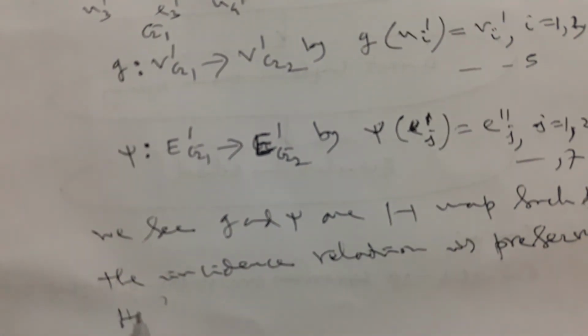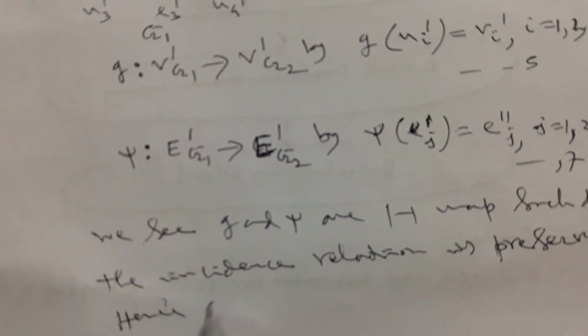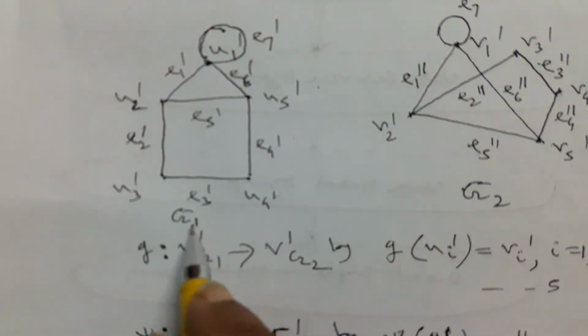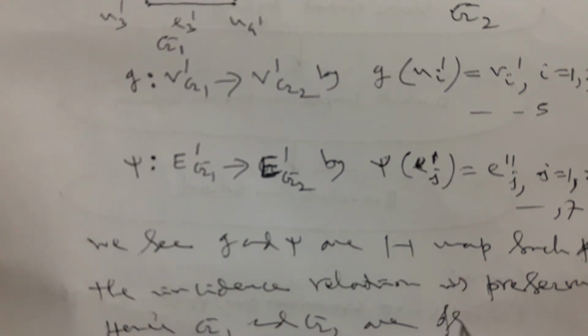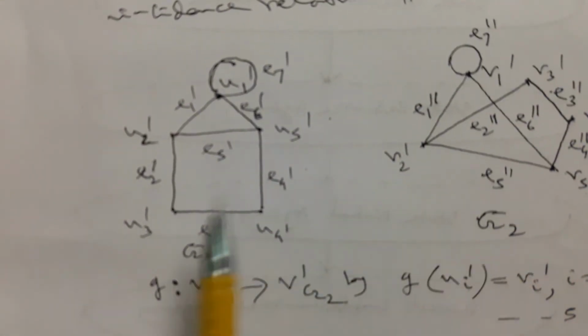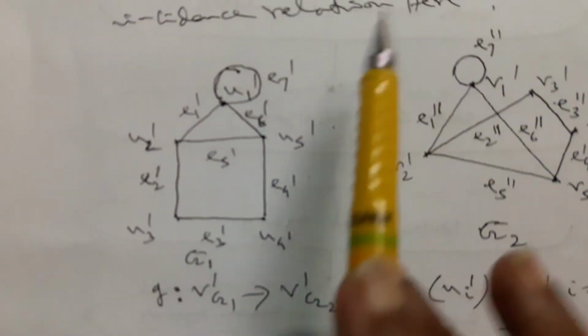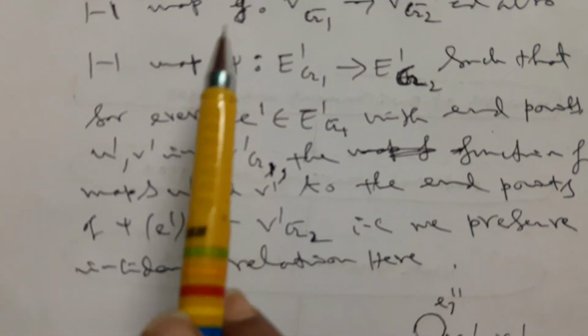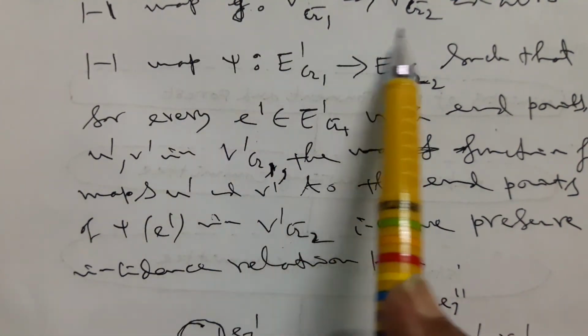Hence, both G1 and G2 are isomorphic. So in this way you can say whether two graphs are isomorphic or not with the help of a given figure and some of the criteria that I discussed already from the definition.